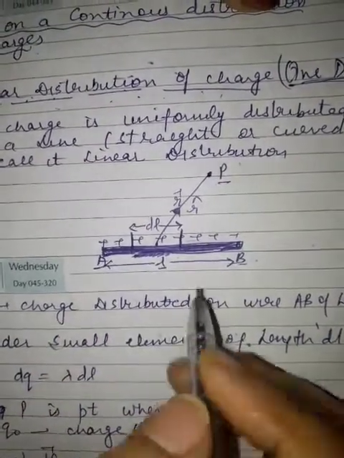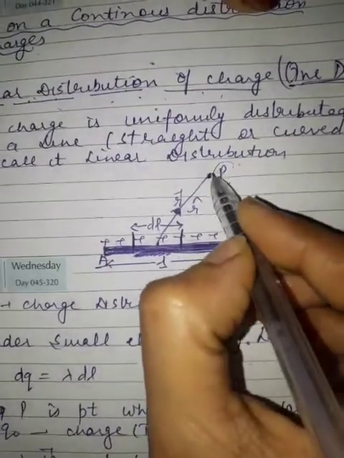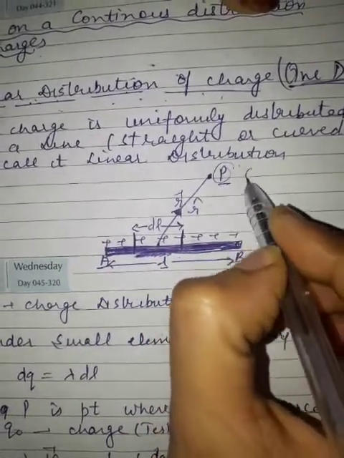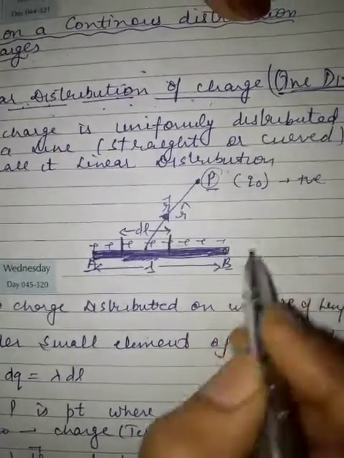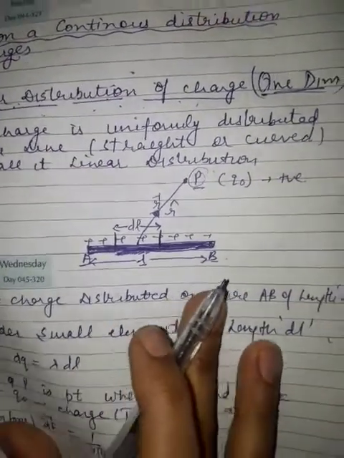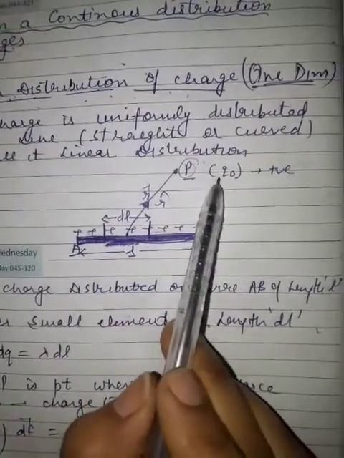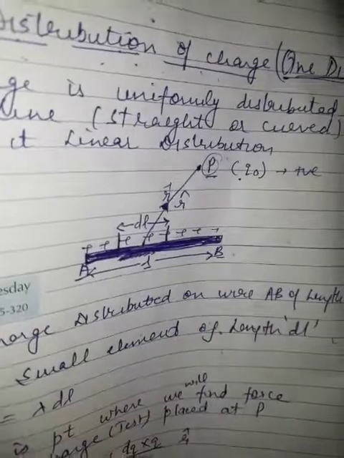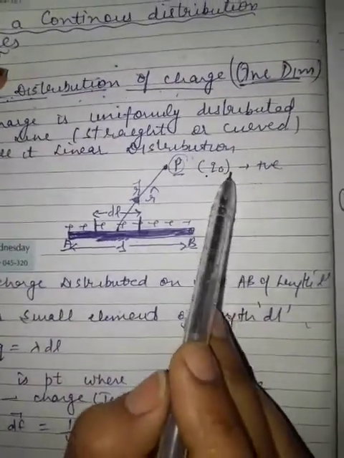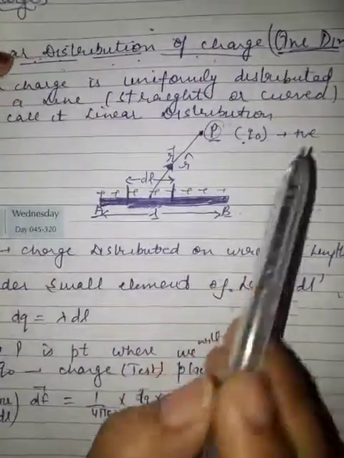Now remember, wherever you want to find out the force, you will place a test charge over that. That is Q0, and Q0 is always positive. What is the test charge? Test charge is always positive.